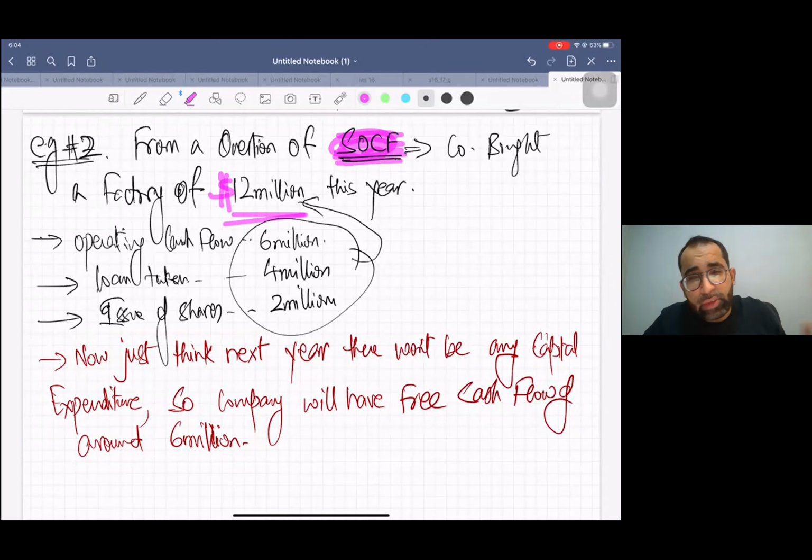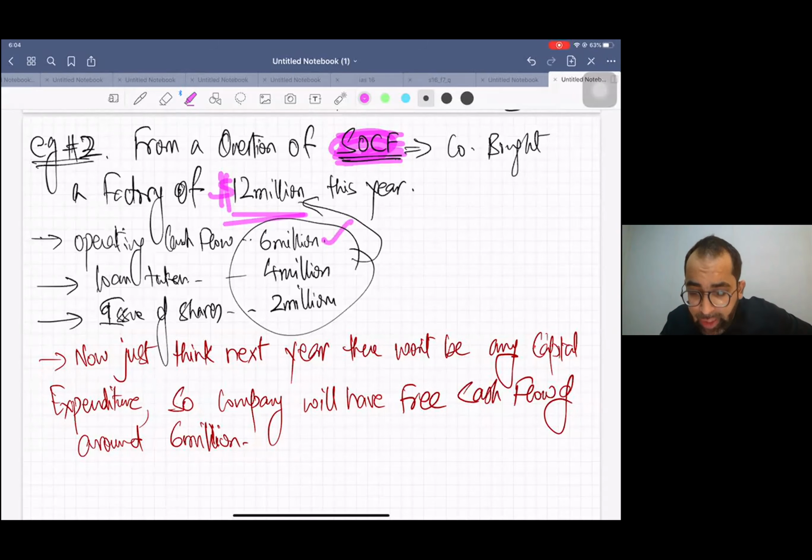Now, we all know when there is an outflow, there must be an inflow to manage it. The company is spending $12 million, so it must have arranged this $12 million from somewhere. How to make the connection? In the same question, we had positive operating cash flows of 6 million.